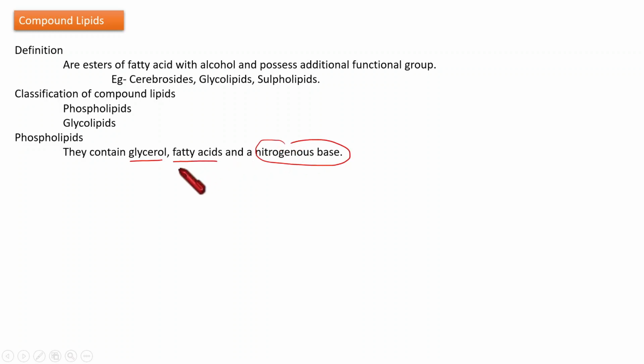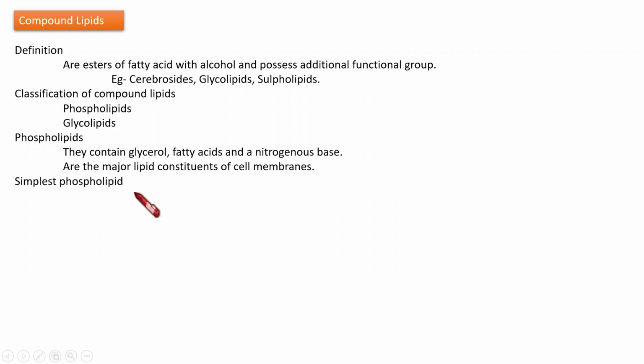So that is about its composition. Another importance of these phospholipids is that they are the major lipid constituent of the cell membrane. So that's another feature.